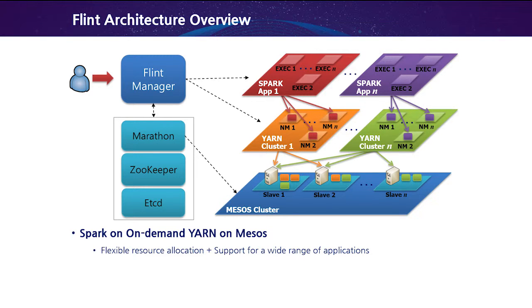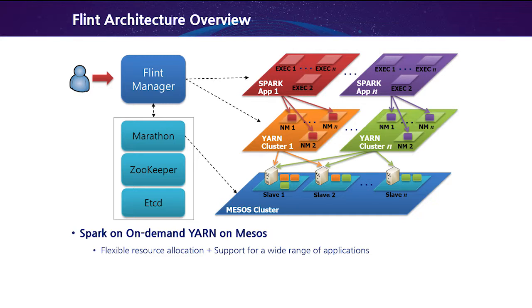A Spark application runs on its own YARN cluster, and this YARN cluster is deployed on a Mesos cluster. We chose this architecture because we wanted to run a variety of applications on our cluster. Those applications may not be YARN applications, or even Spark applications.